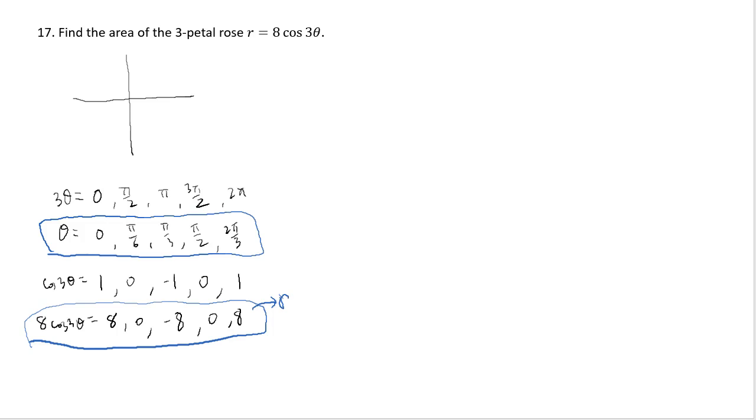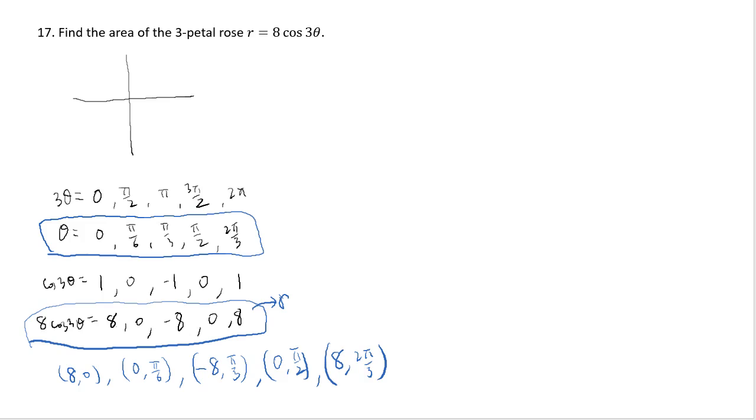Okay? So what you're trying to do is plot 8 at 0, 0 at pi over 6, -8 at pi over 3, and then 0 at pi over 2, and then 8 at 2 pi over 3.